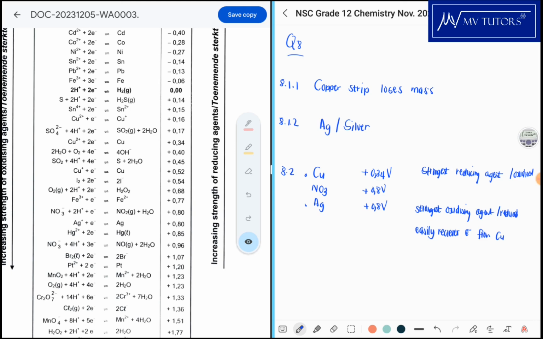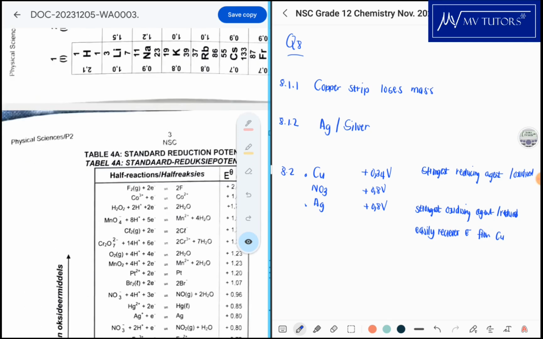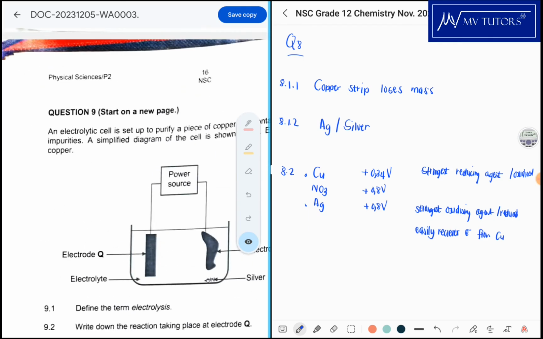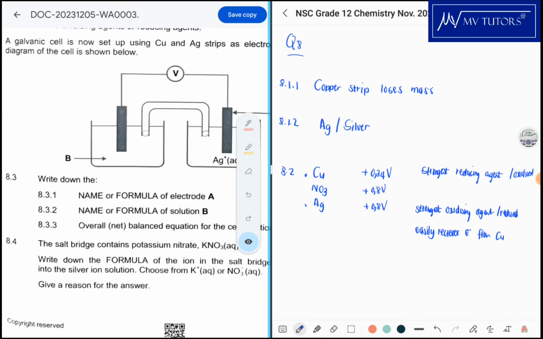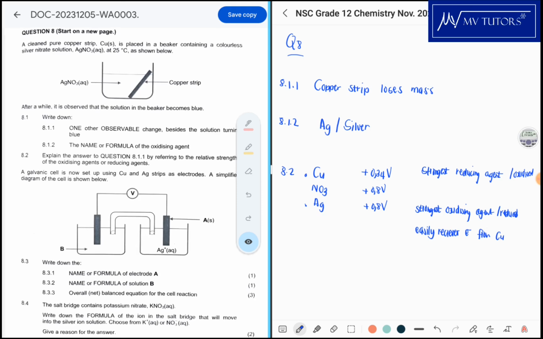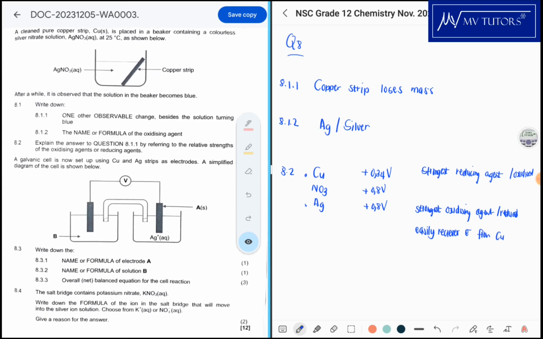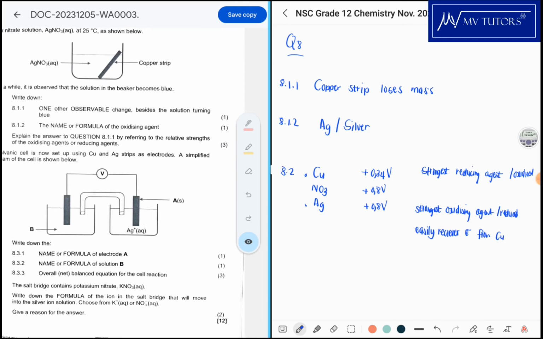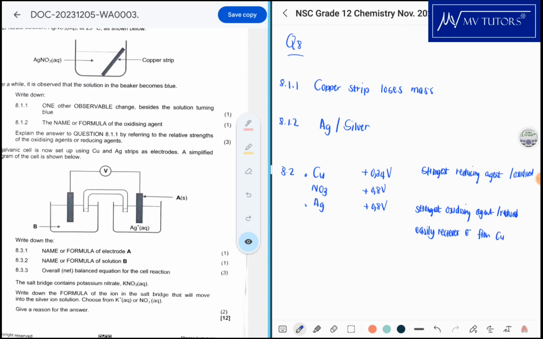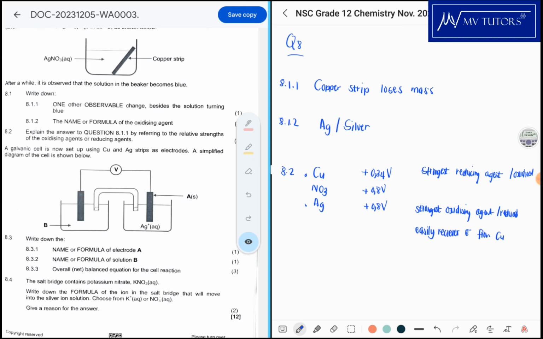Okay, so let's just go back to the question. It says explain the answer to question 8.1.1 by referring to the relative strengths of the oxidizing agent. So we did. We showed there the strengths.